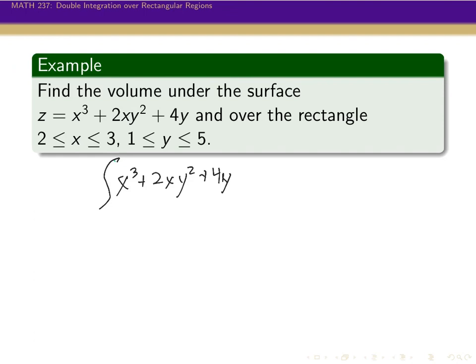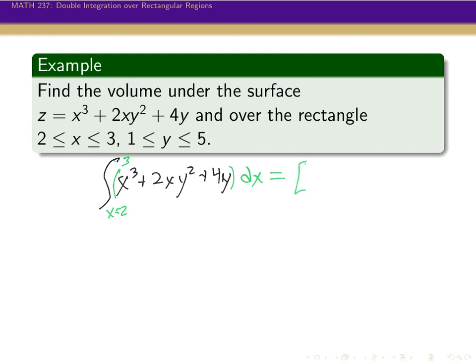This is going to be the integral in terms of x, where the bounds are going from x equals 2 to 3. And so let's work this out. What do we get from doing this? So I'm integrating in terms of x, treating all the y's as constants.